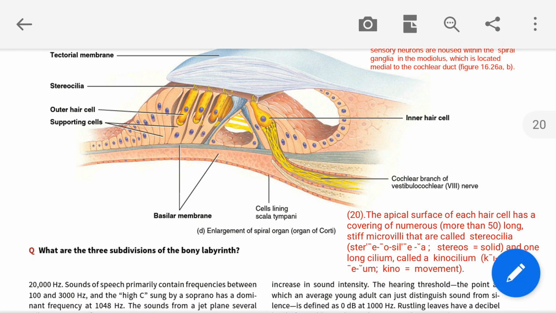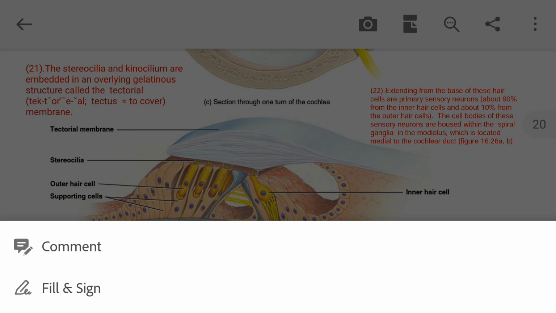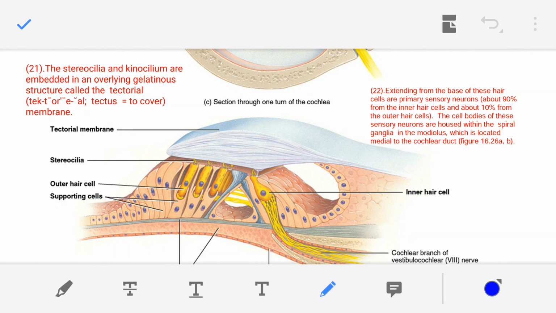Now point number 21. See, stereocilia and kinocilium. In the figure I have shown you kinocilium. Both of them are embedded in the overlying gelatinous structure.